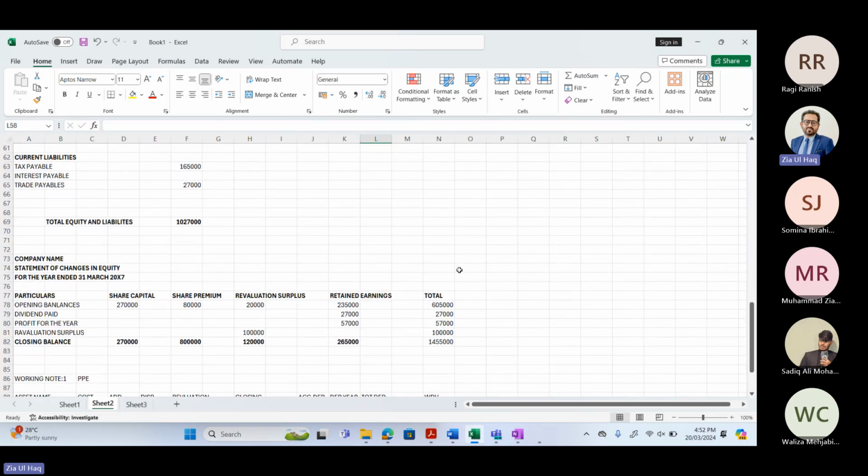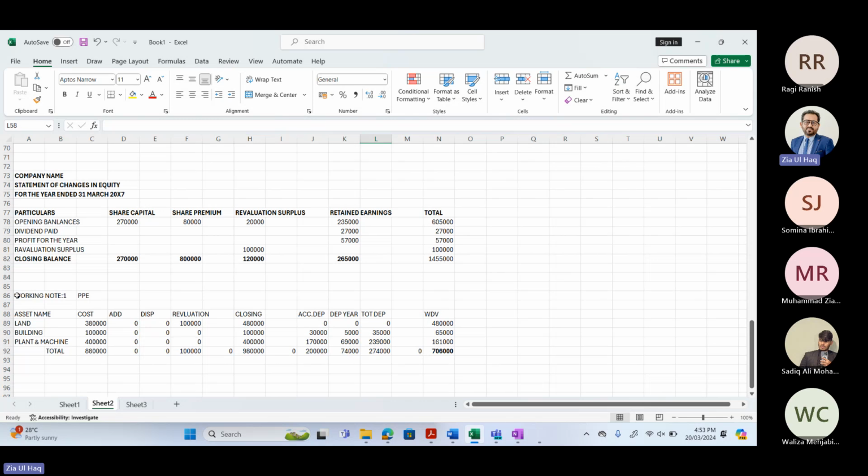And this is our statement of changes in equity. These figures we need to put in the balance sheet under equity: share capital, share premium, revaluation surplus, and retained earnings. So this dividend paid will be deducted. Revaluation surplus will be added to the revaluation reserve. And this is our working. We can put it on the board.